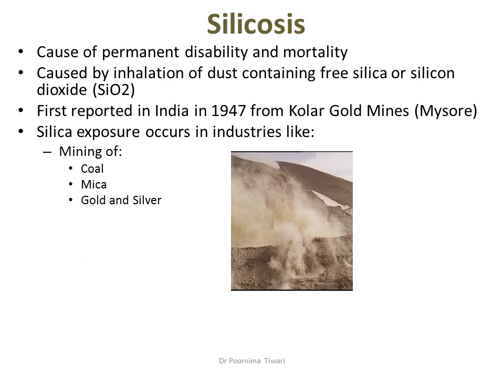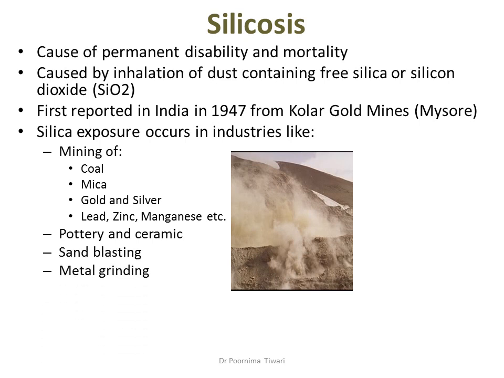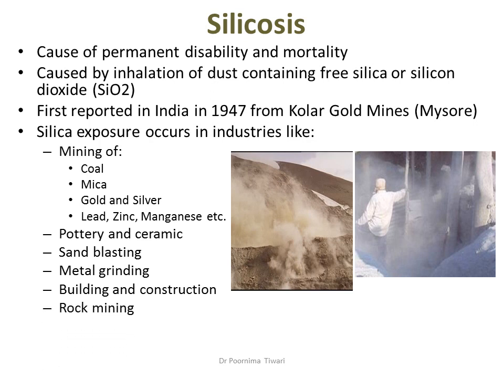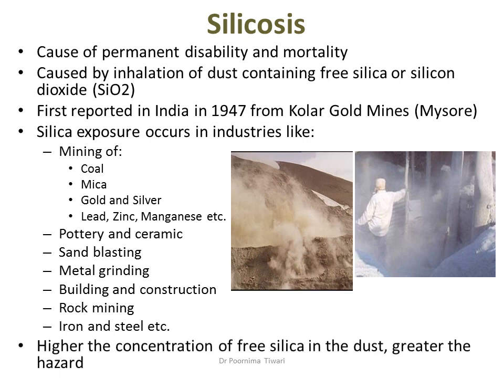Mica, mining of gold, silver, etc. Then pottery and ceramic industry, sandblasting, metal grinding, building and construction, rock mining, iron and steel industry, etc. all can lead to silica exposure. The higher the concentration of free silica in the dust, the greater the risk of developing pneumoconiosis.